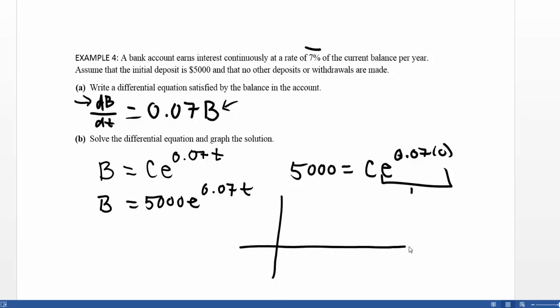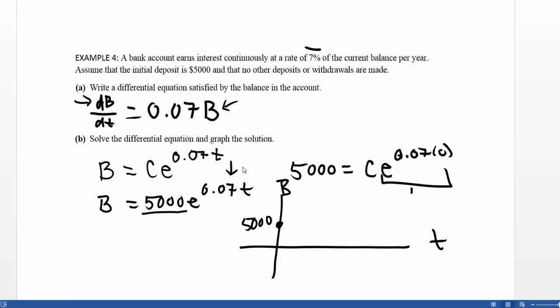Now, if we were to sketch a graph of this, we'd be charting the balance over time. So we have to think about what that's going to look like based on our solved differential equation. Okay, so 5,000 is what we get when t equals 0. So that's where our graph starts.